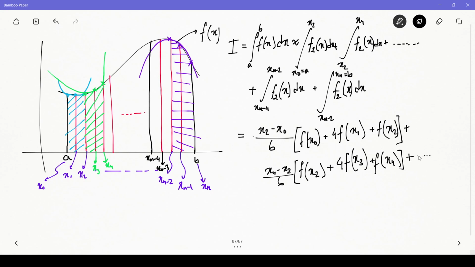For the intermediate terms, I'm putting ellipses, or dots, for the sake of brevity. And for the last two terms, we have what?